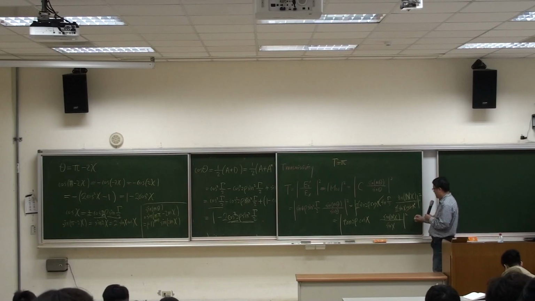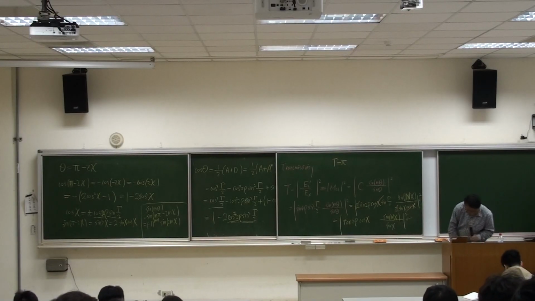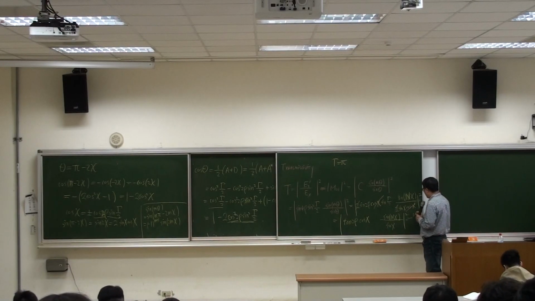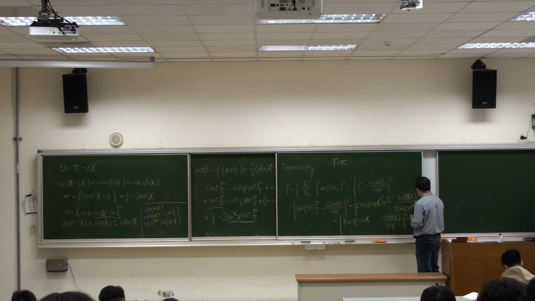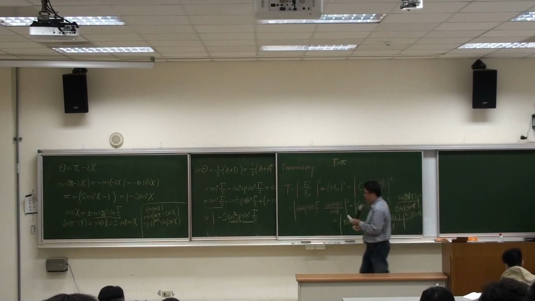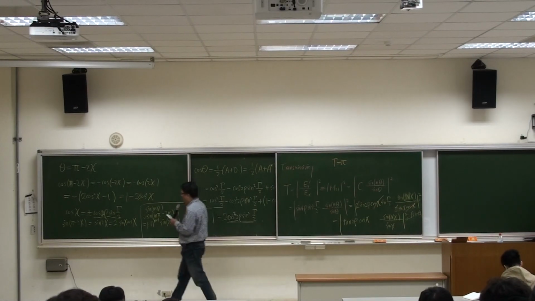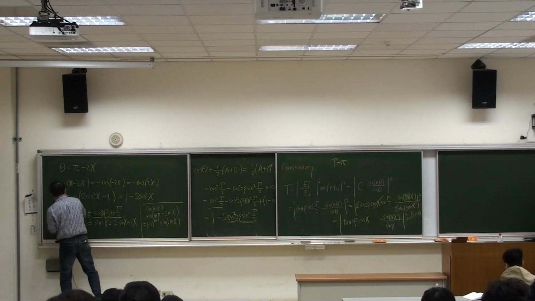This is the formula 5.3-12 in the textbook. Here we just use this relation. Cosine chi is positive or negative sine half gamma.